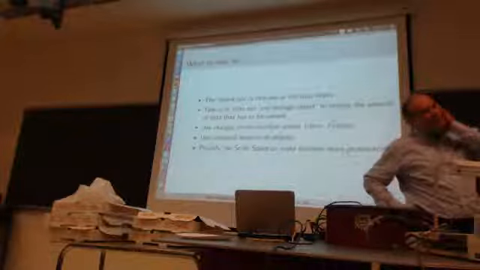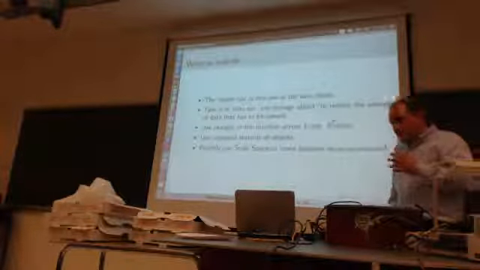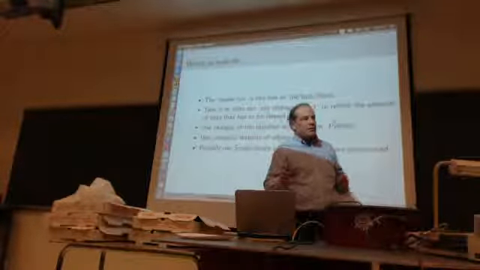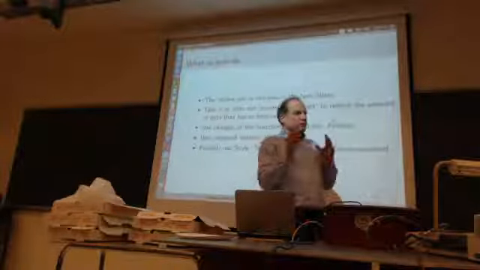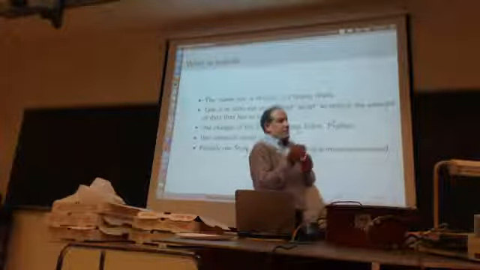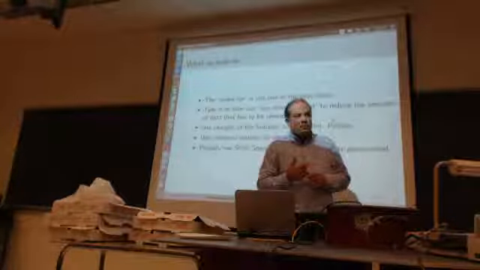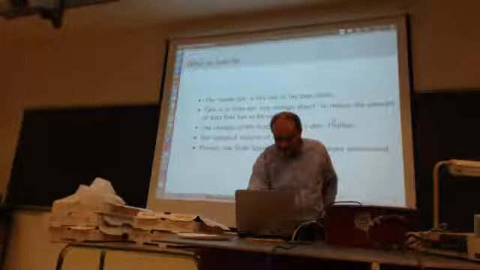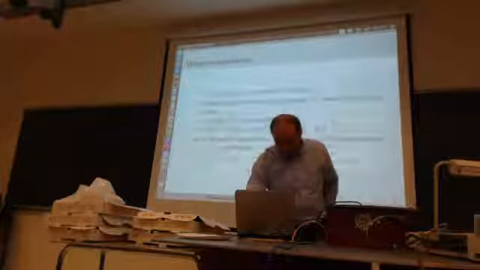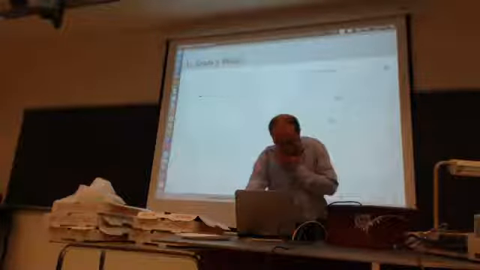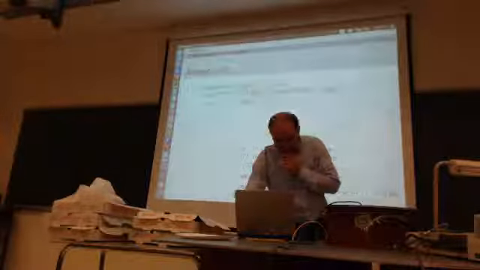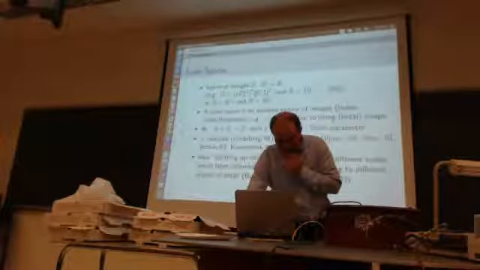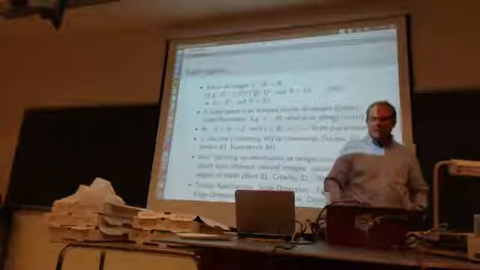In general, any class of images could be approached in this way, as long as you have some idea of what's typical. We'll see what I mean by that. I would like to show you this thing called scale space.